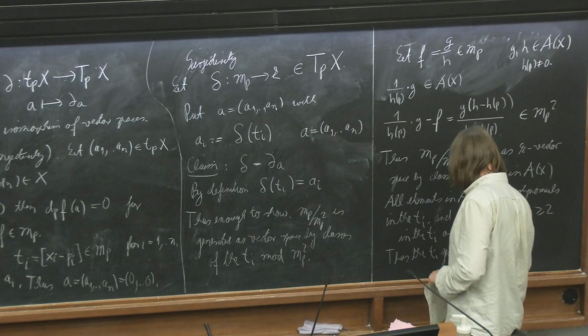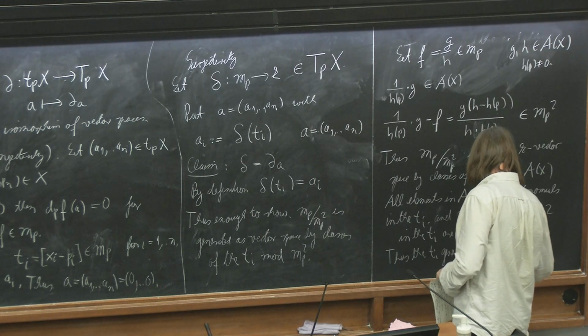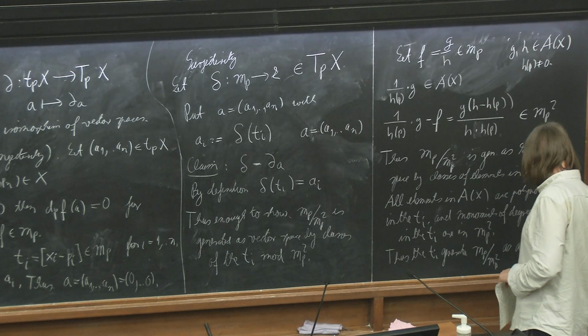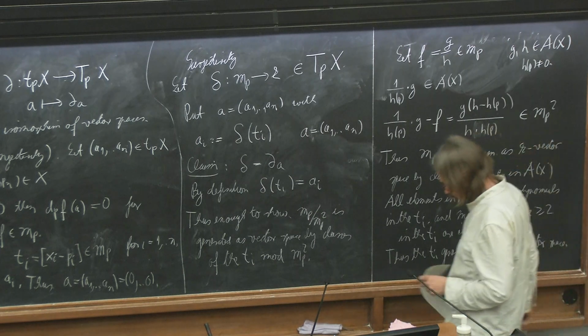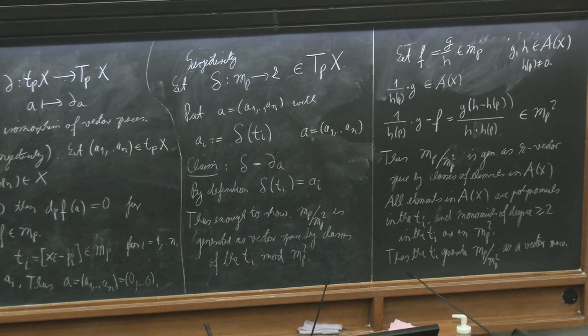The Ti generate MP modulo MP squared as a vector space. Okay, I made it maybe a bit long, but anyway, this is the story.